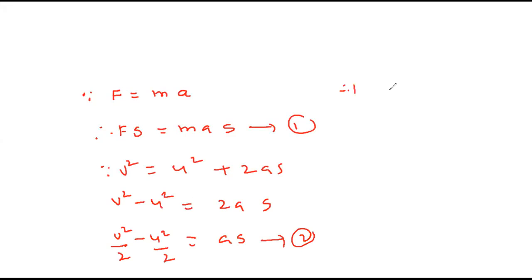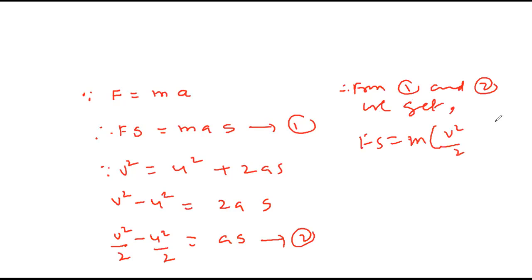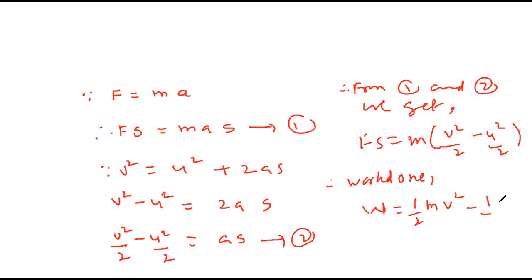Therefore, from 1 and 2, we get Fs equals m times v square by 2 minus u square by 2. Therefore, work done, Fs means work done, W equals half m v square minus half m u square.